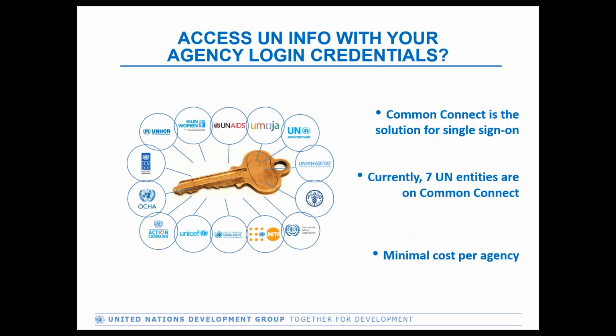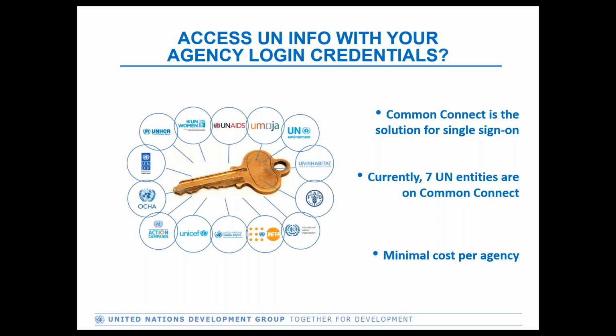Sure. So how will UN entities access the UN Info platform? There are currently two ways. One, by registering via the local in-country UN Info administrator, and the other one will be via what is called right now Common Connect. This is a single sign-on system developed by the UN, which will enable users to access UN Info with agency login credentials.